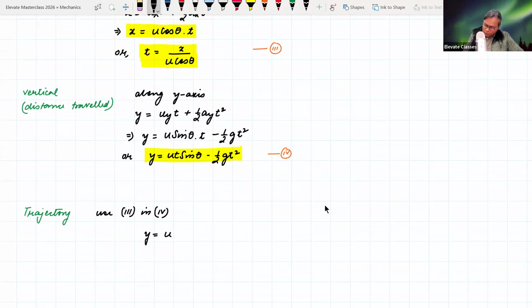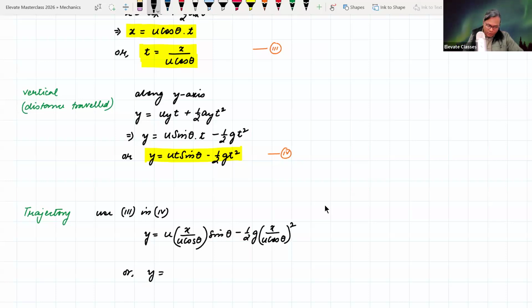So y is equal to u sin theta, t is equal to x upon u cos theta, minus half g, t is equal to x upon u cos theta, square. So this becomes y is equal to x tan theta minus g x square upon 2 u square cos square theta.